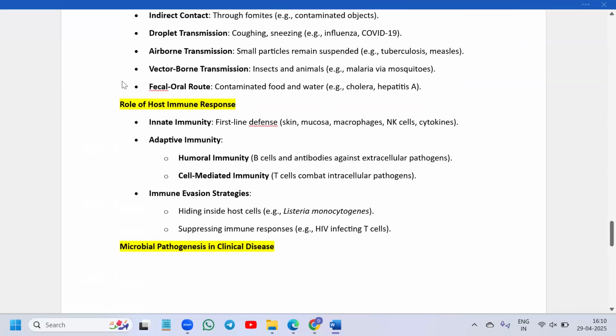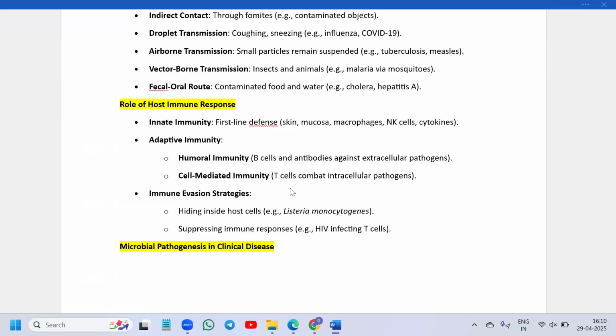Next is role of host immune response. One is innate immunity, the first line of defense. Yes, all your skin barriers, right? Skin barriers, mucosal barriers, macrophages, natural killer cells, cytokines, these are cells inside, right? So these are the first line of defense. So whenever some foreign body is entering inside, these things will actually help us in the first place. Next is adaptive immunity. You have humoral and cell mediated.